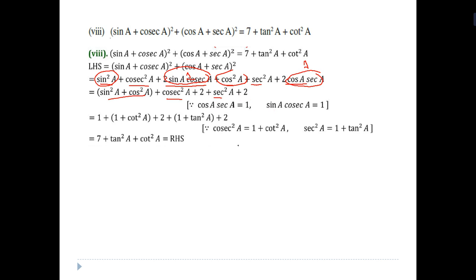So 2 plus 2 and here it is 1, so we easily get 5. Now instead of cosec square, 1 plus cot square A, and instead of sec square, 1 plus tan square A. If we total it, you will get the answer 7 plus tan square A plus cot square A.